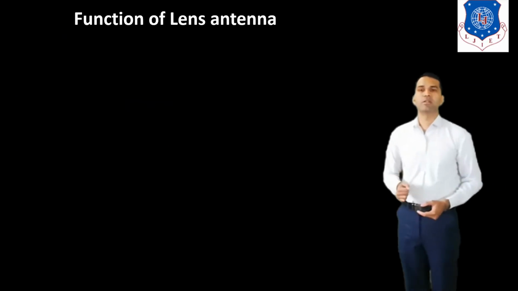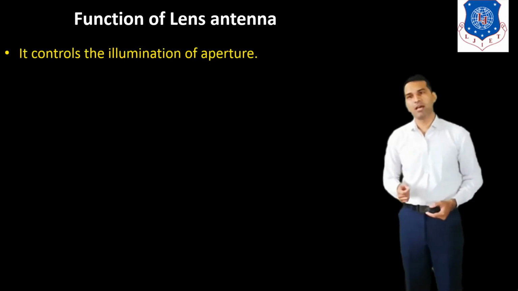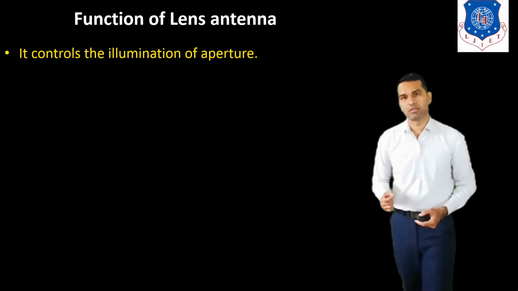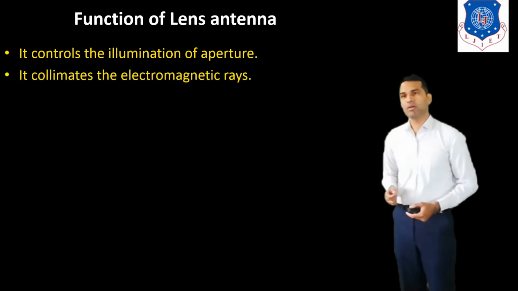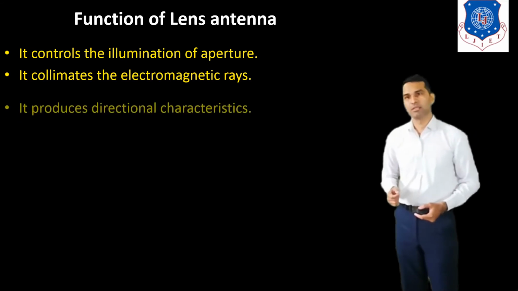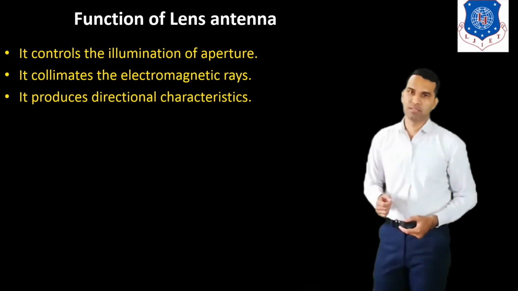Now we discuss the functions of the lens antenna. First, it controls the illumination of the aperture. Second, it illuminates the electromagnetic ray. Third, it produces a directional characteristic.